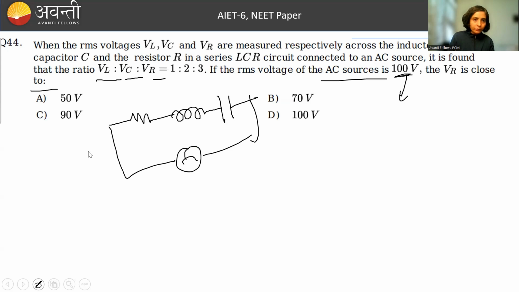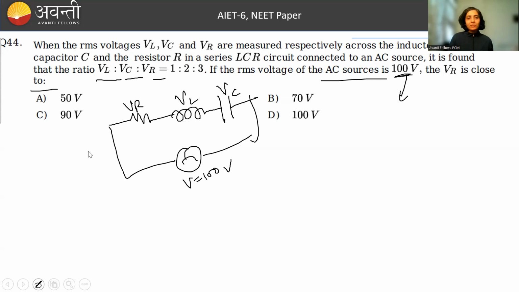So if the voltage here is 100 volt, it will drop on R, it will drop on L, it will drop on C. So VR, VL, VC won't get added scalarly. There is a caution point here. Like you should be careful what we do.